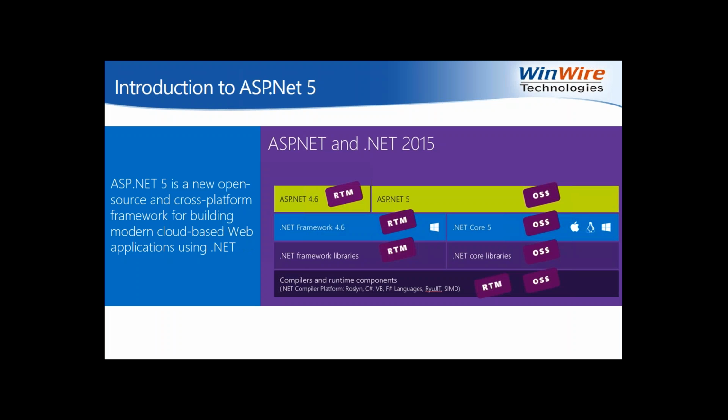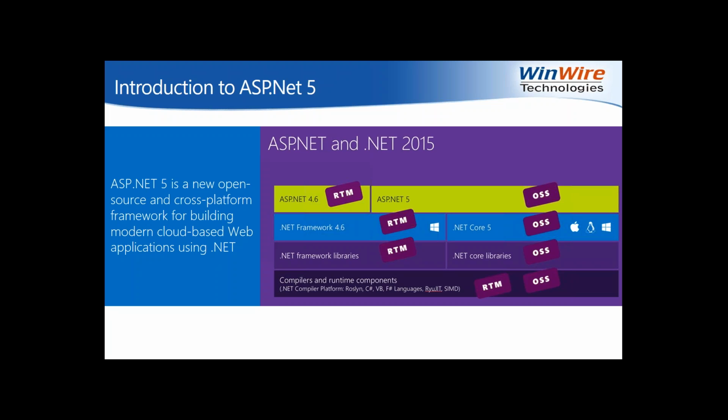So ASP.NET 5 is a new open source, cross-platform framework for building modern cloud-based web applications. As you see here in the diagram, there is ASP.NET 4.6 and then there is ASP.NET 5. The previous versions of ASP.NET used to run on the .NET Framework, as you know, the latest one being 4.6.